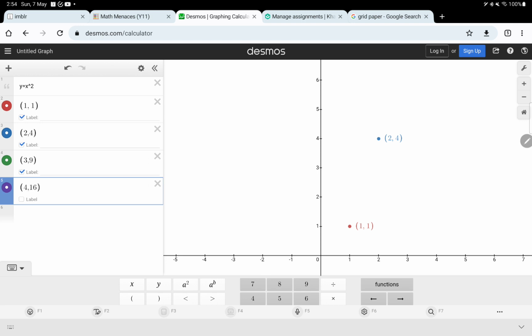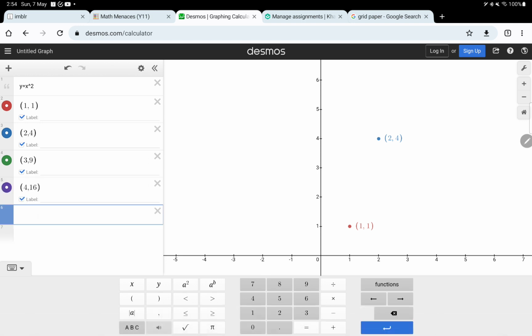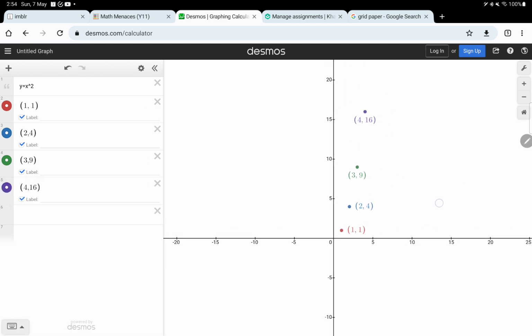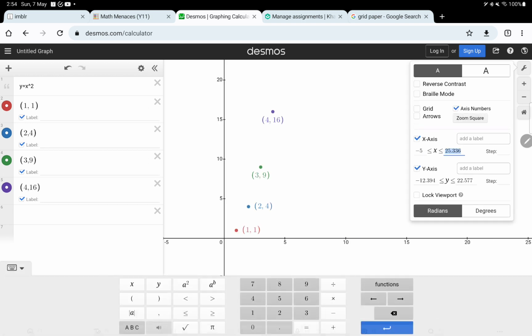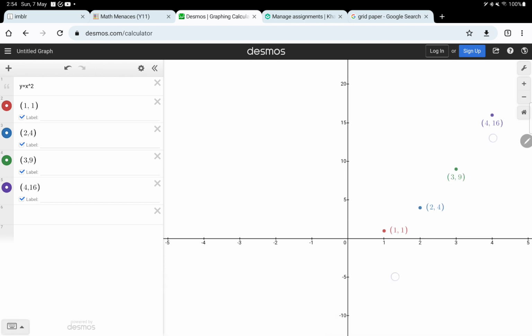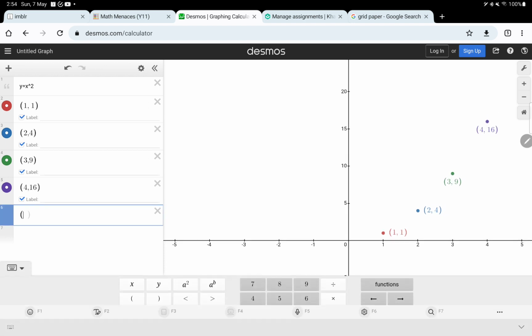So let's plot these points in here. Now, how about we go negative? Let me change the x-axis to -5 to +5. When x is 0, what's y? The square of that, just 0.